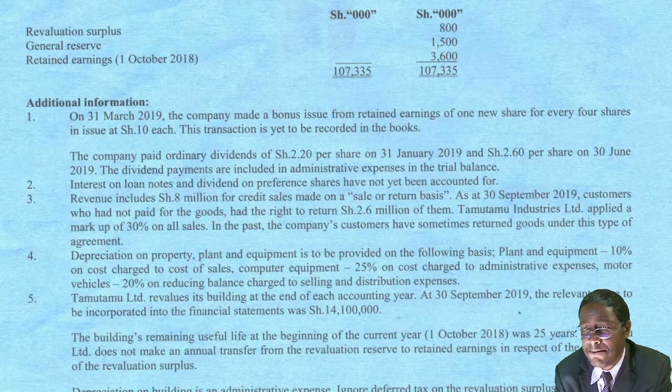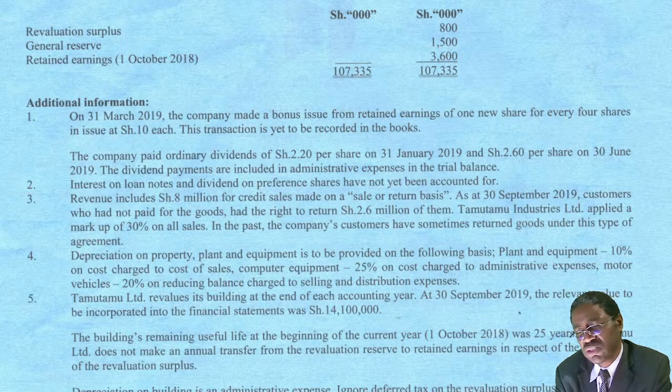Number 3, revenue includes shillings 8 million credit sales made on a sale or return basis.